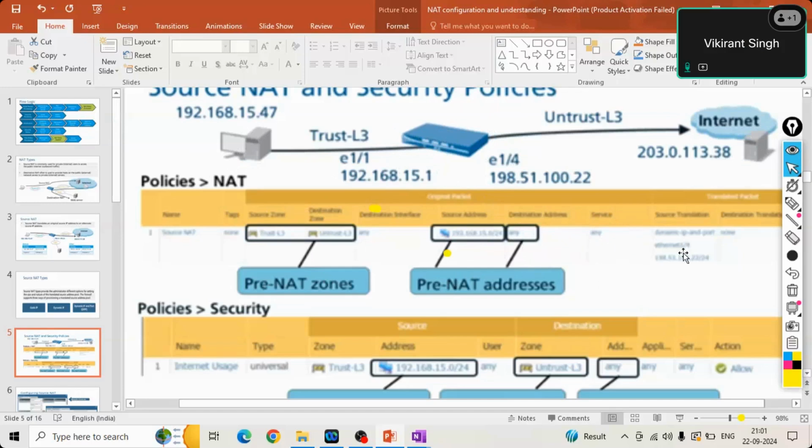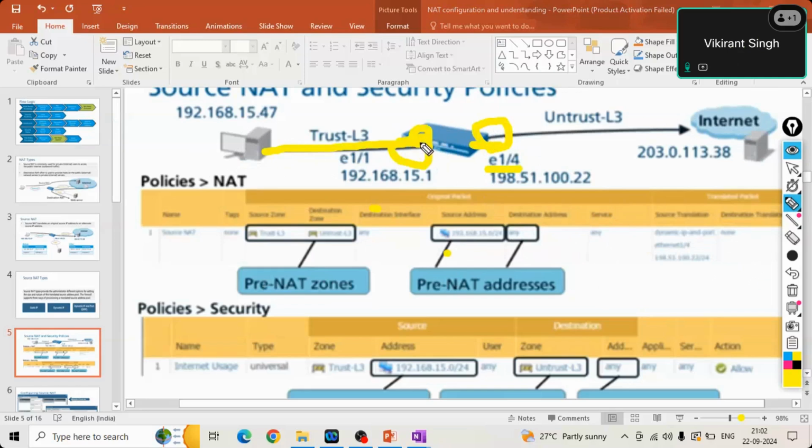So source translation is very important. We are doing dynamic IP and port, DIPP. Mostly we are doing source DIPP. So we are providing interface 1/4, where it is going out. Translation will happen from this interface, 1/4, right? So it is going to the internet. Our traffic has reached this interface.